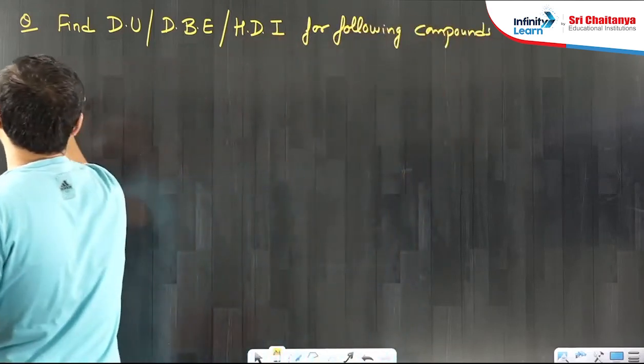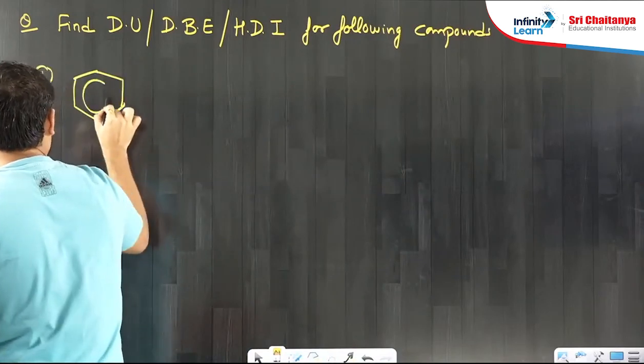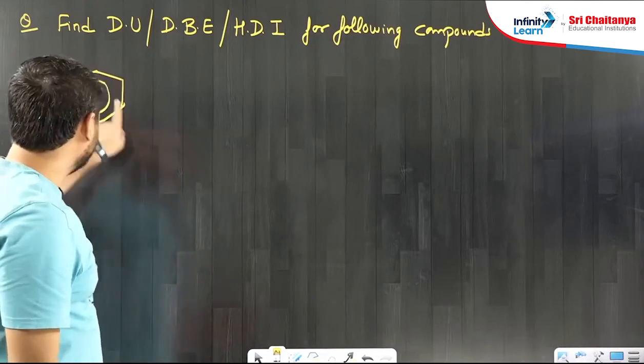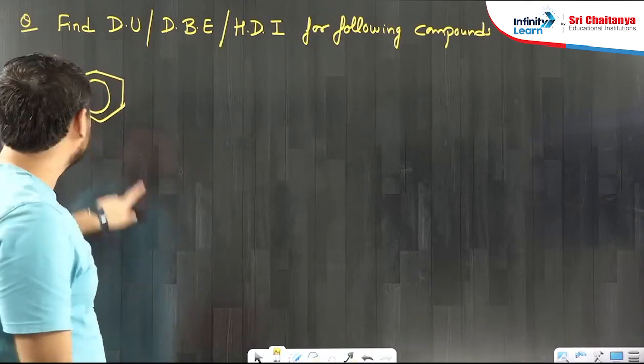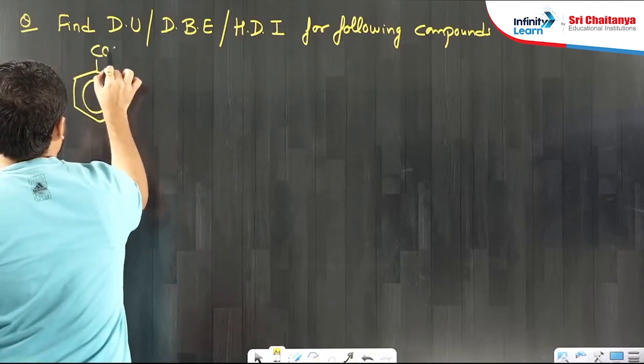Now, first part is, now remember this is representation of benzene. In benzene they will not show three double bonds. They will write this circle. So this is benzene and what is attached here? COOH.